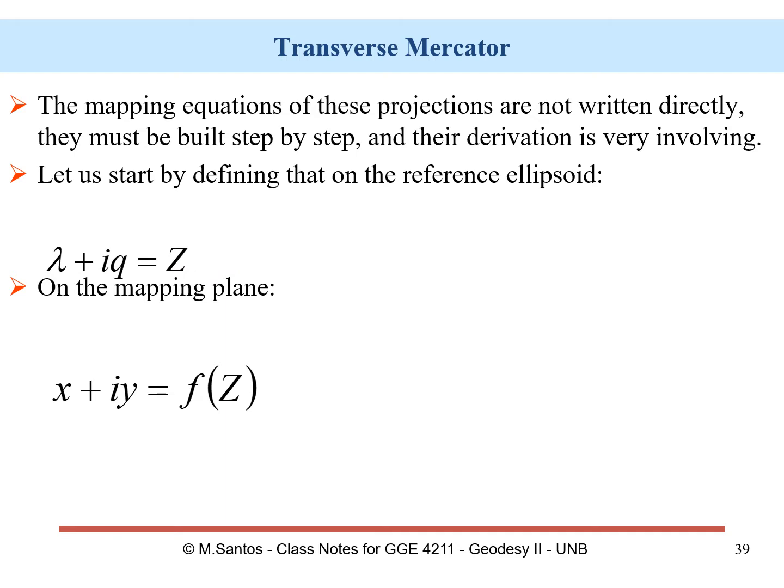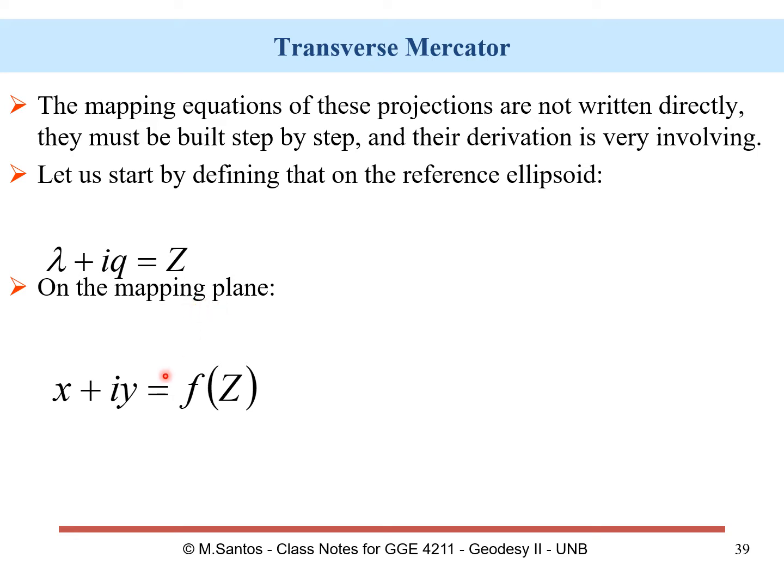Mapping equations of this projection are not written directly. They must be built step by step, and their derivation is very involving. So we are just going to make a reference to the starting point. We are going to have the longitude represented in real space, and the isometric latitude represented in the complex space.